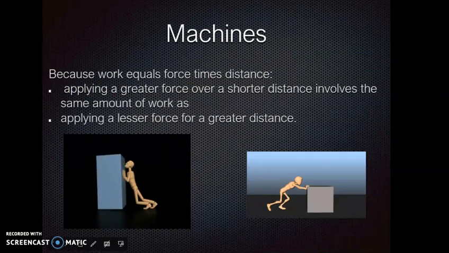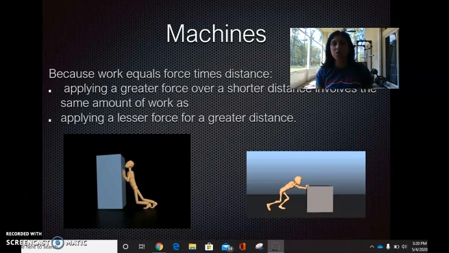Again, applying a greater force over a shorter distance involves the same amount of work as applying a lesser force for a greater distance. So when Gunnar carried the 20 pounds, he walked a shorter distance, but he had the same amount of work put into it when he was applying a lesser force, the 5 pounds, over a greater distance. He covered twice the amount of distance. Okay?